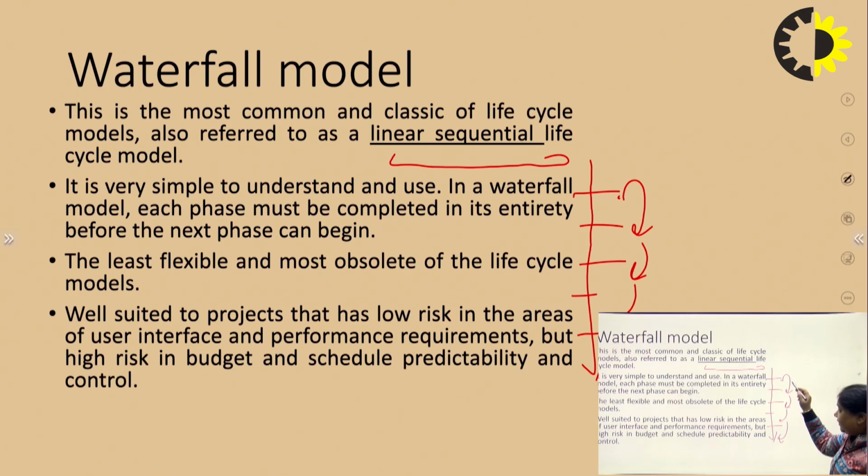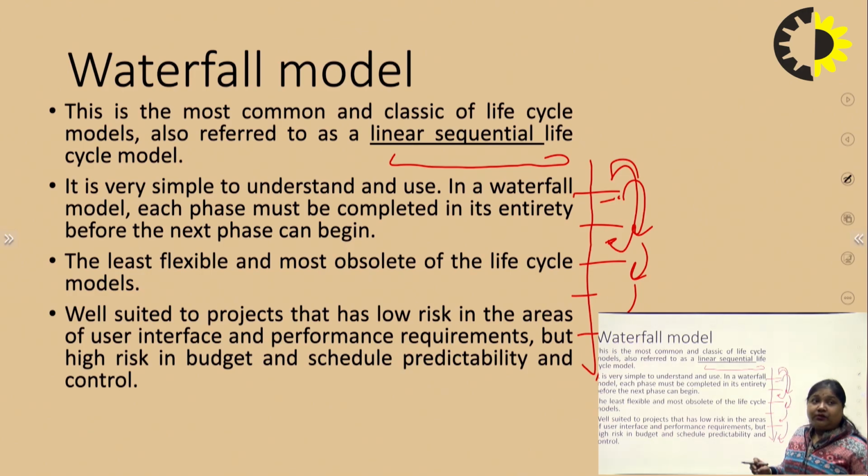If we move from one phase to the next, we never go back to the first phase. That's why it is called the linear sequential life cycle model.